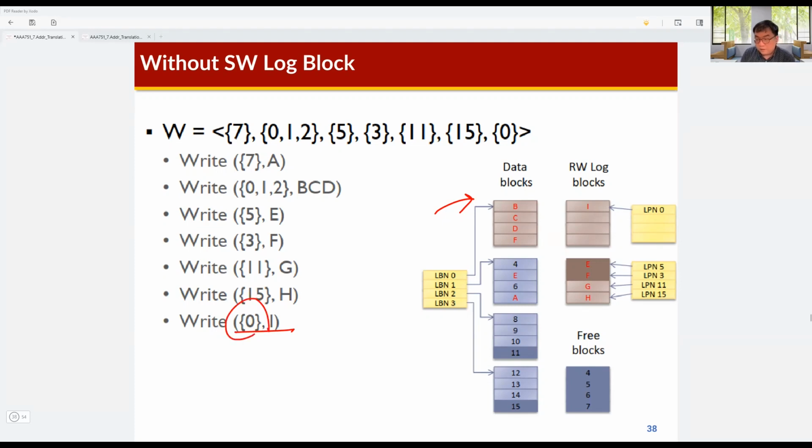Okay, so in this case, this request is assigned to the random write log block, and then this page is pointed to by logical page number 0.